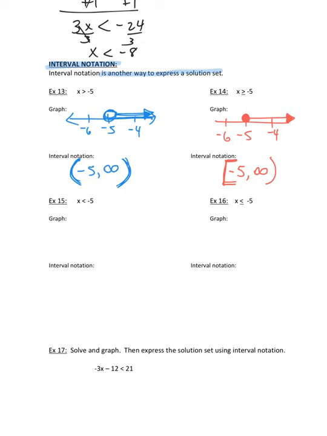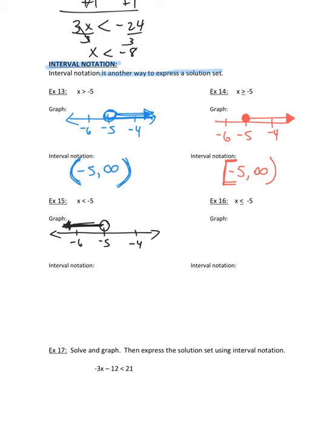All right, now if we look at less than, going on to example 15, it says x is less than negative 5. So here's negative 5, again, negative 6 and negative 4. If x is less than negative 5 on a graph, it's not equal, open circle, but it's shaded to the left because that's where numbers that are less than negative 5 are.